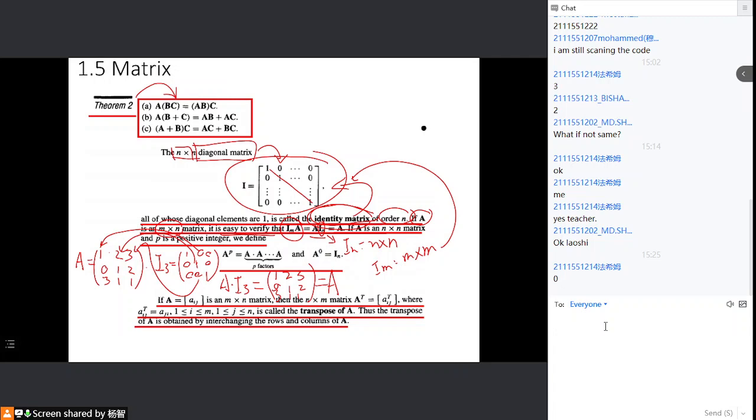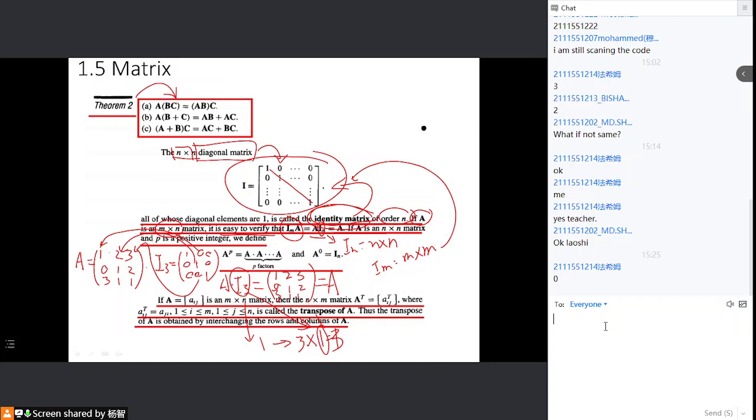It means if a matrix is multiplied by an identity matrix, it is equal to itself, like the number 1, because you can say 3 multiply 1 equals 3. The identity matrix has the same function as 1 in matrices.